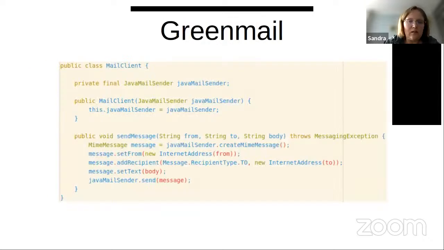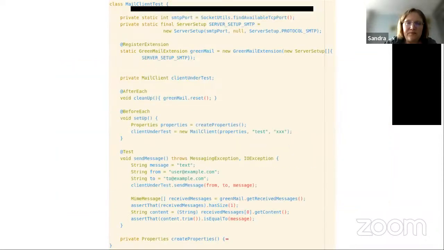And here again, let's have a sample. I have a mail client, create an email and send it, and I want to test if this was correct. And I can say to my GreenMail extension, hey, I need the SMTP protocol. Please, I have to implement finding the available TCP port by myself, so I use the SocketUtils from Spring.